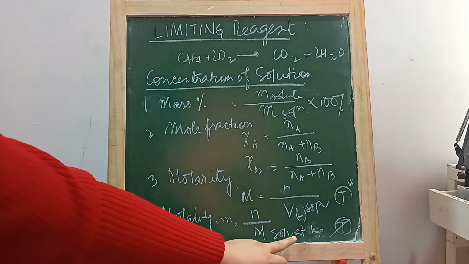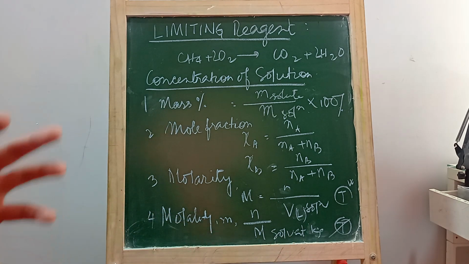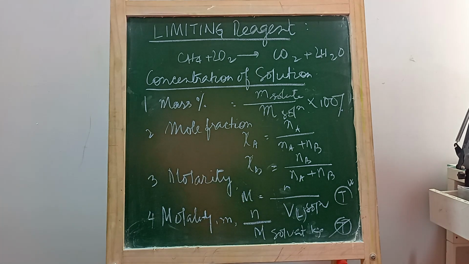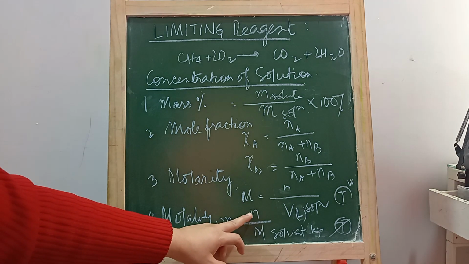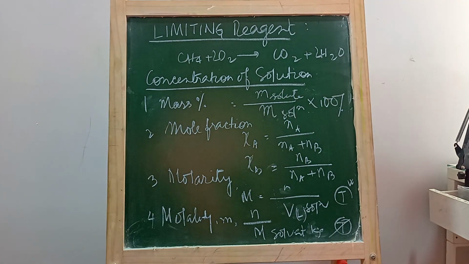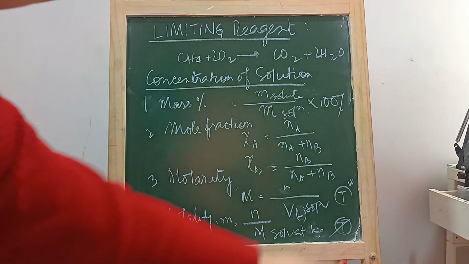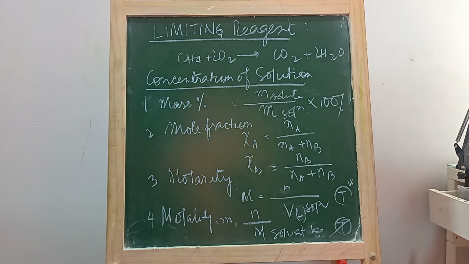But here we're taking the mass of the solvent. So molality is a way of expressing the concentration of a solid in terms of the number of moles of solid which is present in 1 kg of the solvent, not of the solution. And since the mass does not depend on temperature, molality does not depend on temperature.